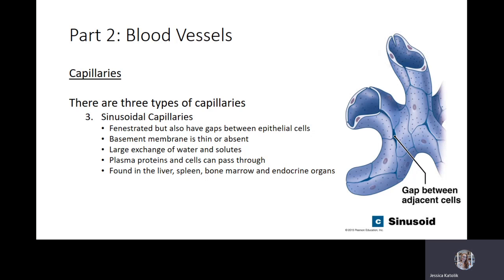It's also going to be located in the spleen. The spleen plays a major role in collecting dead and damaged red blood cells. So we're going to need to have these gaps to be large enough to collect those damaged red blood cells and break them down. So those are sinusoidal capillaries.